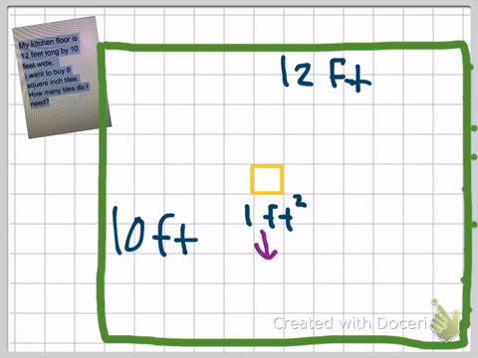Well, 1 foot is equal to 12 inches, and half of that is equal to 6 inches. So really, instead of using 1 foot squares, I'm using 6 inch tiles, and now they're only taking up half the space that they did before, because they're 6 inches, not 12 inches square.